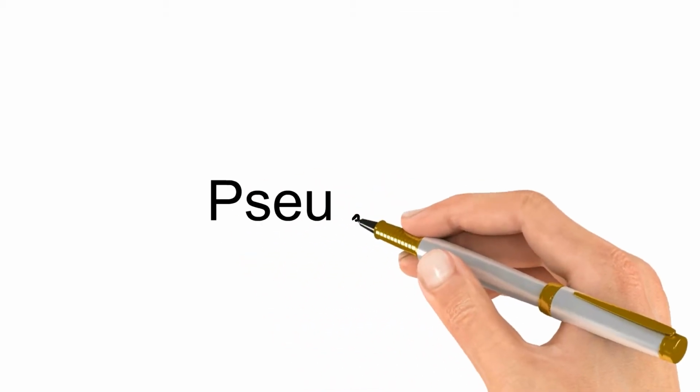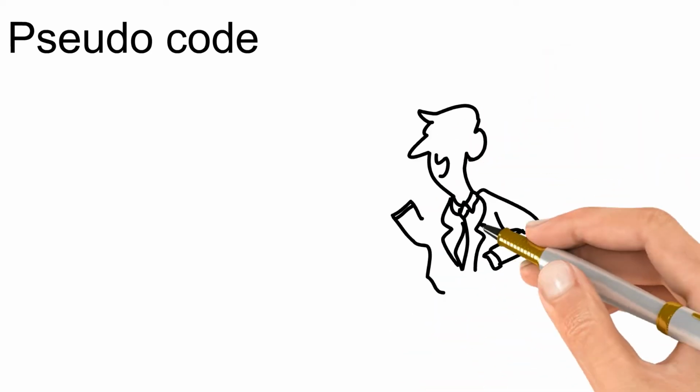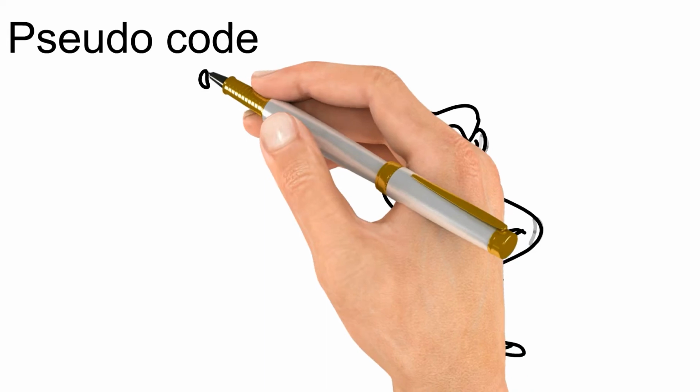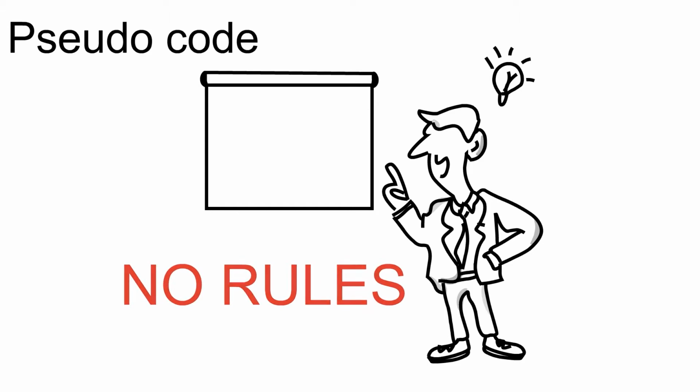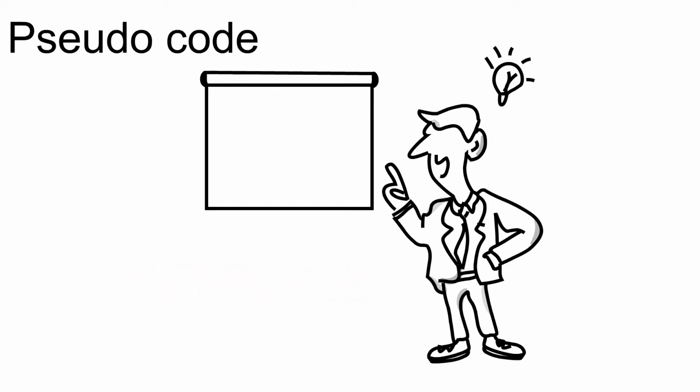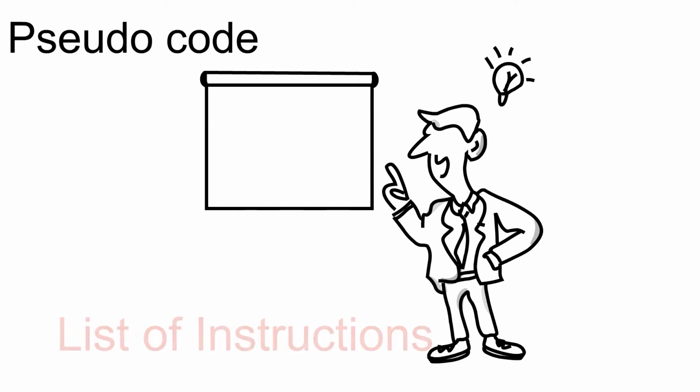Now let's take a look at pseudocode. Pseudocode is used to express our logic independent of any programming language. As the name suggests, it is not real code. It is an informal approach, in English-like language, about how to solve a problem. There are no rules associated with writing pseudocode. It could be a list of instructions in an English-like language or in any programming language.